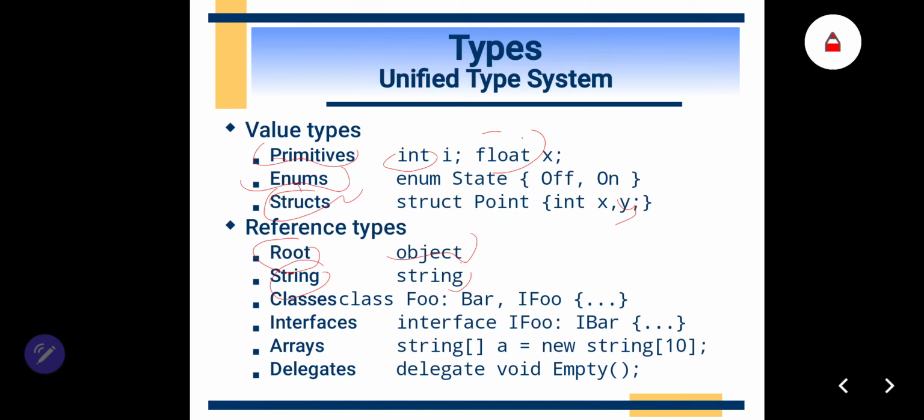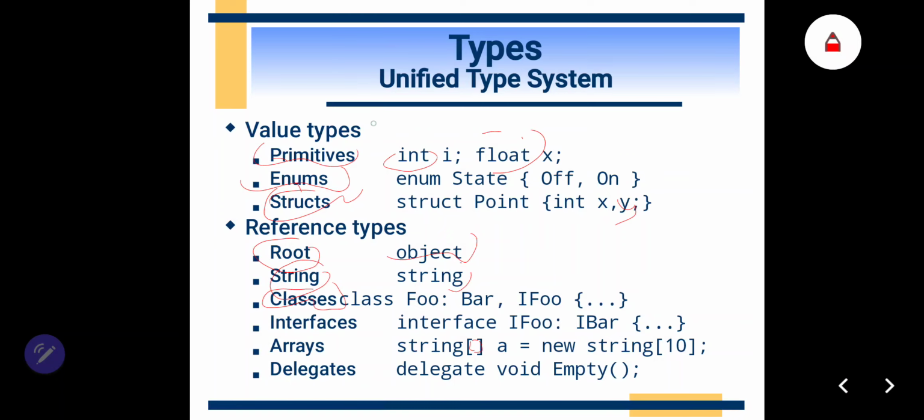Maybe you want to create a name class or anything; you can use this reference type. Interfaces, arrays, and you can see the symbol of arrays like this. Delegates, delegate void empty.